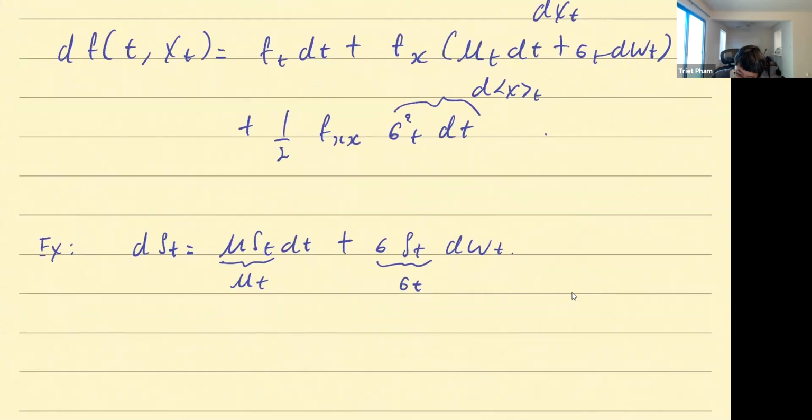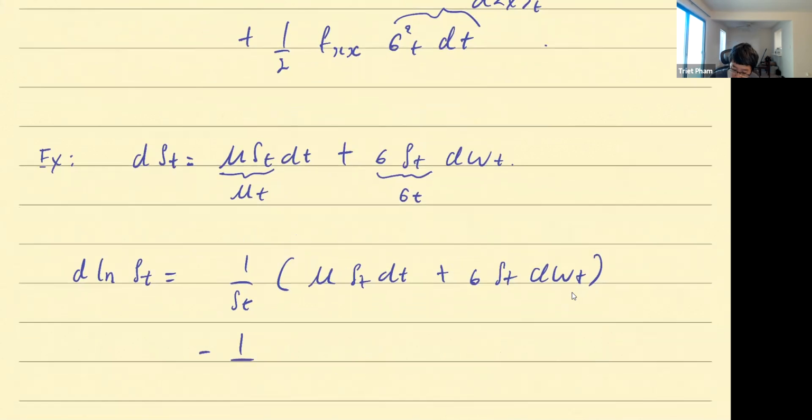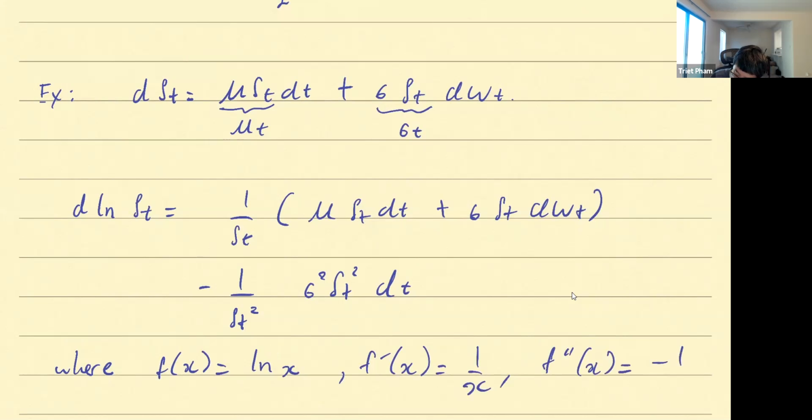Then the log will be 1 over st dst, and then minus 1 over st squared, and then sigma squared st squared dt, where obviously we look at the function log x, and the derivative is 1 over x. The second derivative is minus 1 over x squared.